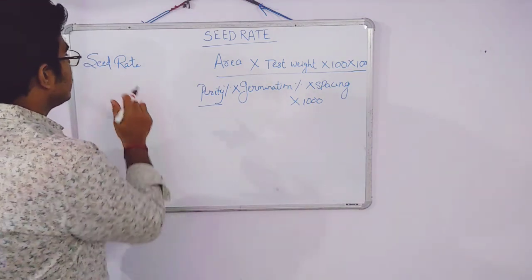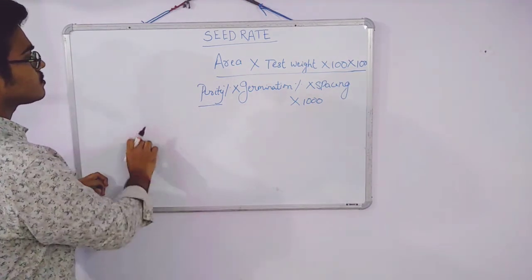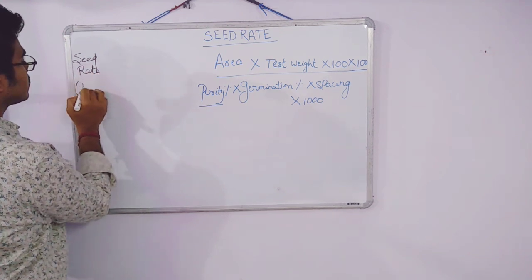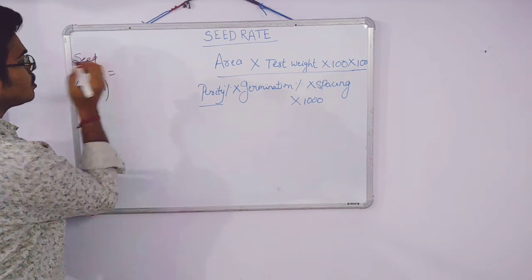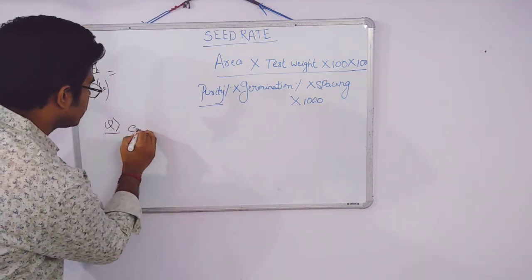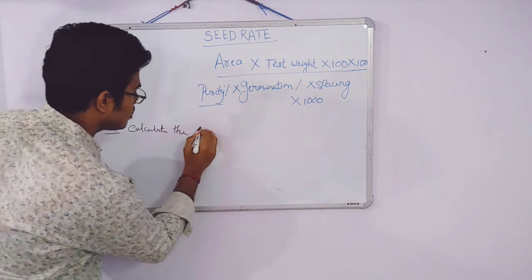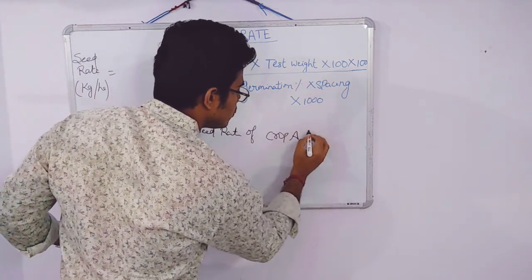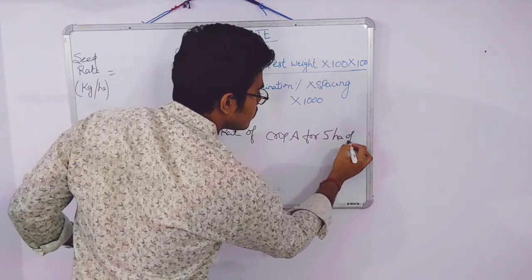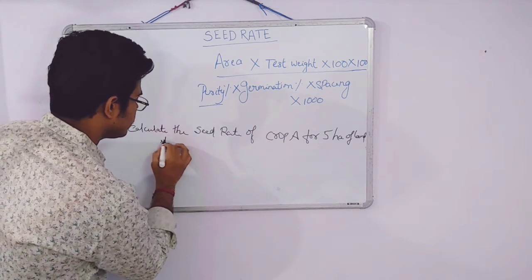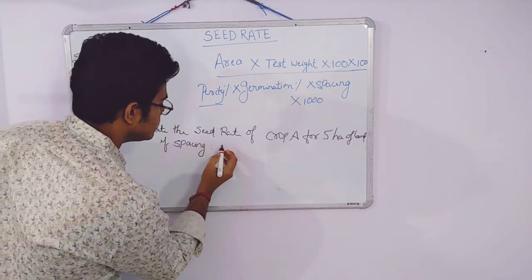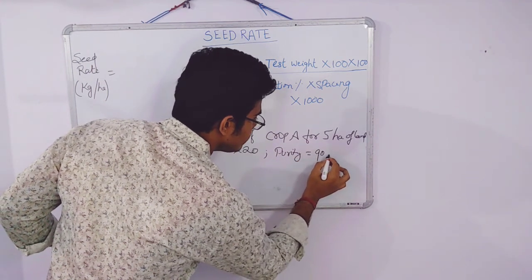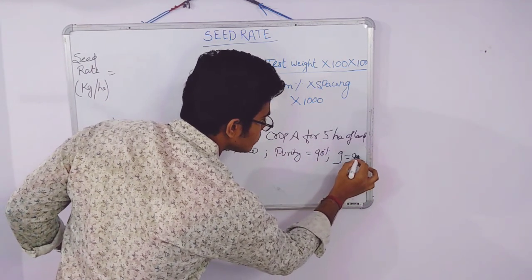So now if you are given a question like: calculate the seed rate of some crop A for 5 hectare of land, if spacing is 30 into 20, purity percentage equals 90, and germination equals 90.